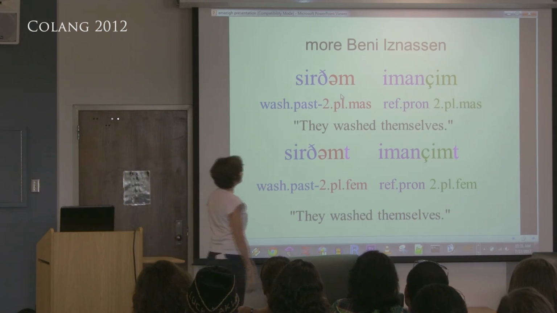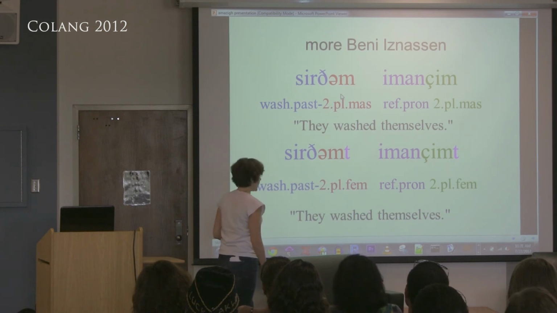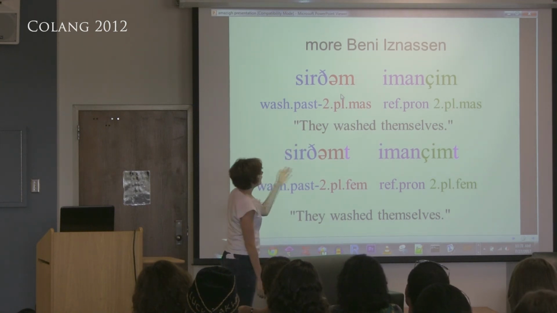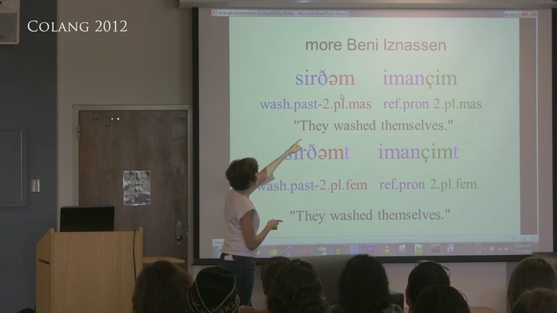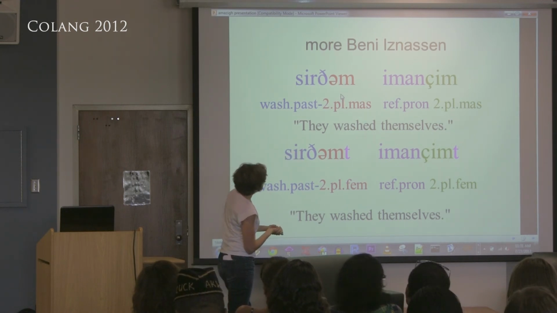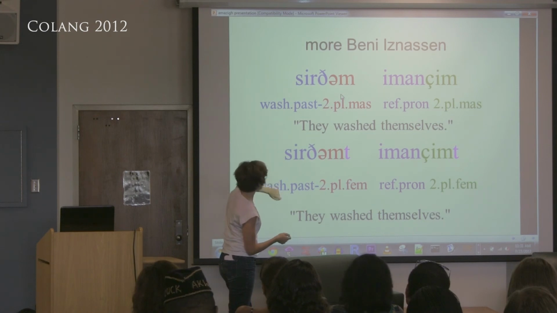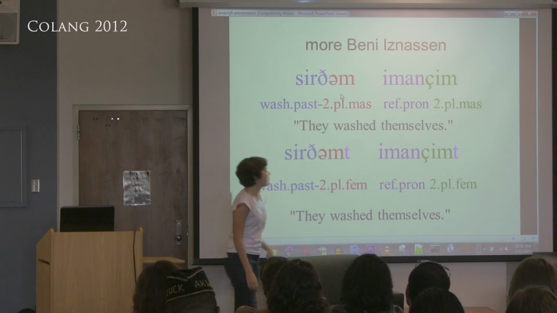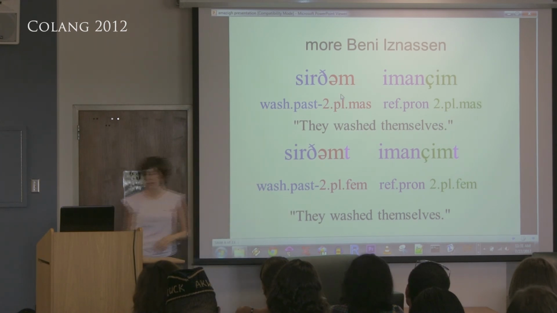So for second person plural masculine, we see this siavum imantim, which is the constant second plural masculine morpheme we always see. And then for feminine, we get the feminine morpheme, as in everything else we see.